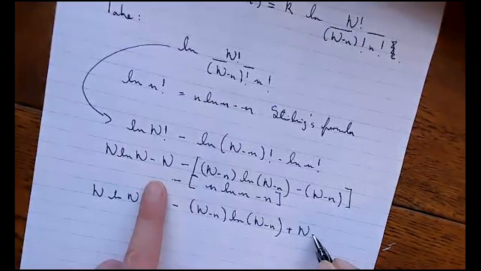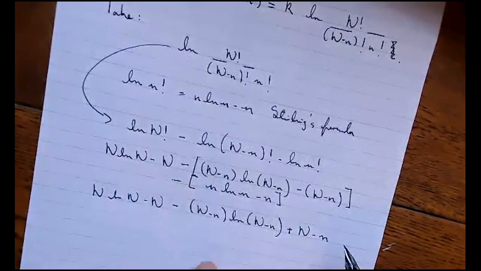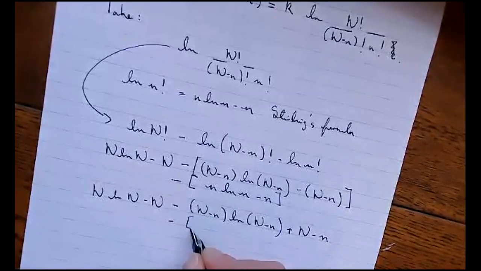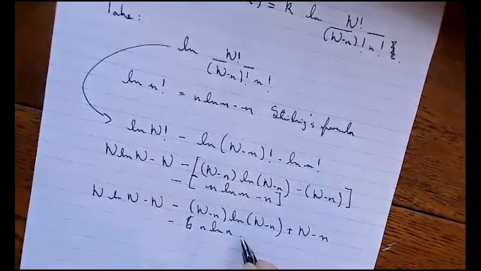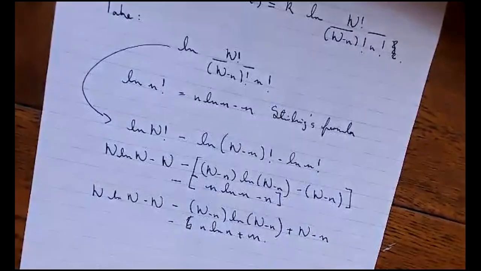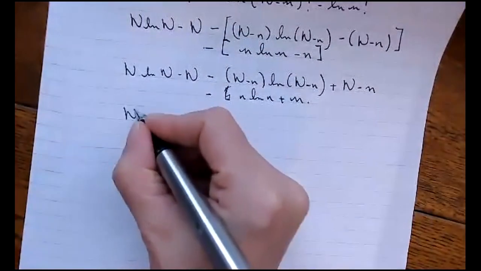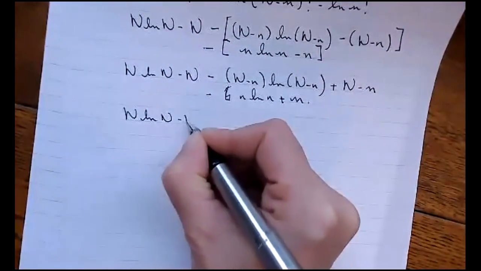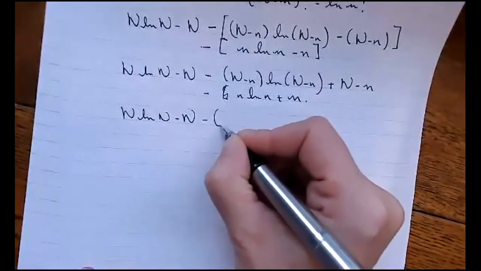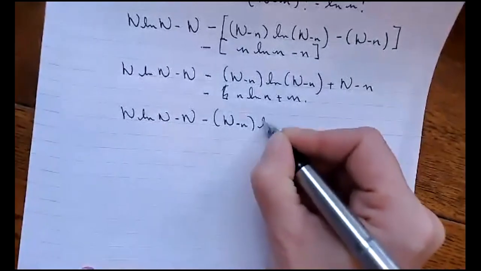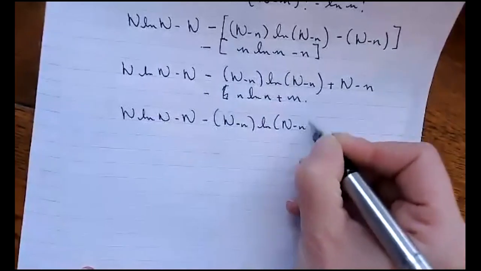So this must be minus little n. And then this must be minus little n ln little n, so that must be plus little n. Okay, so now you can see that loads of things cancel out. So we end up with big N ln big N minus big N minus big N minus little n ln of big N minus little n, minus little n.